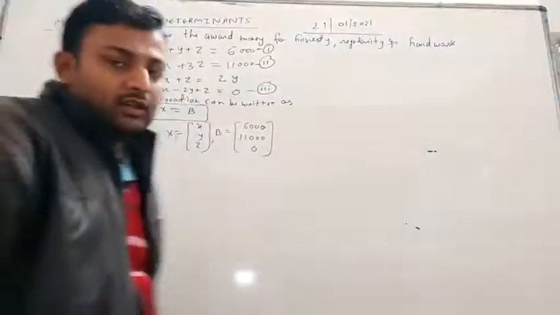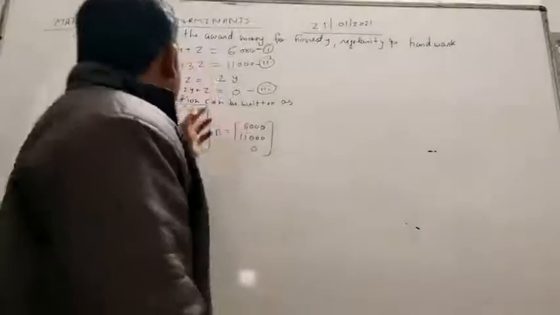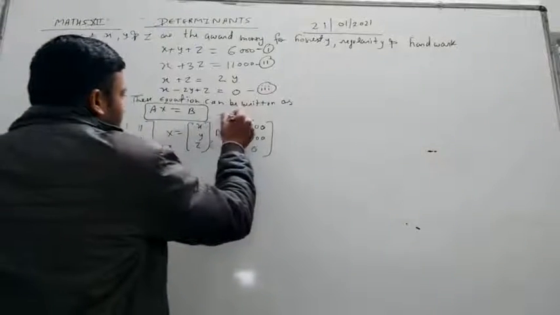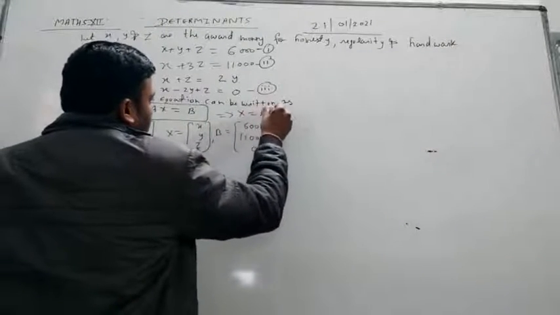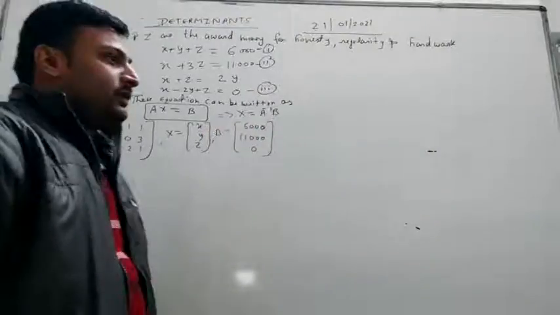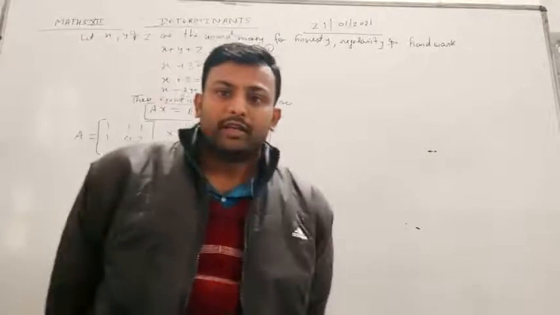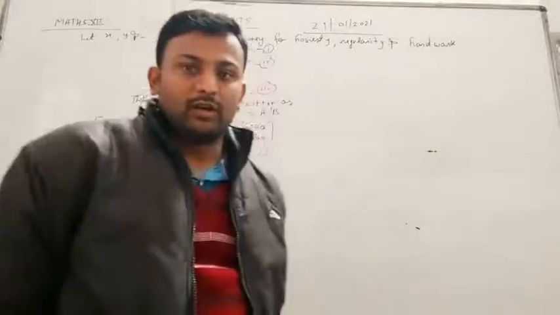Okay student, so this is our A, this is B, and this is X. Now with the help of this information, this equation can be written as X equals A inverse B, and we have X and B, but we don't have A inverse. So first of all, we will find A inverse from the given information.